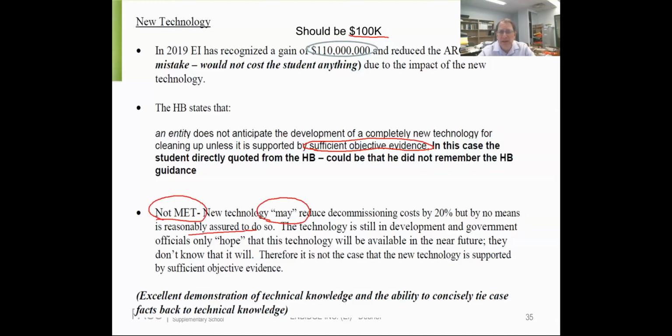And we also said the technology is in development, and we had another key word here. I should have asked you guys for these words. They hoped the new technology will be available in the future. You have two killer key words here, as TJ is saying, totally correctly, uncertainty, tremendous uncertainty. This is not sufficient objective evidence.